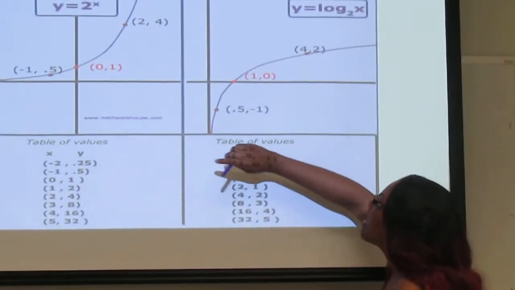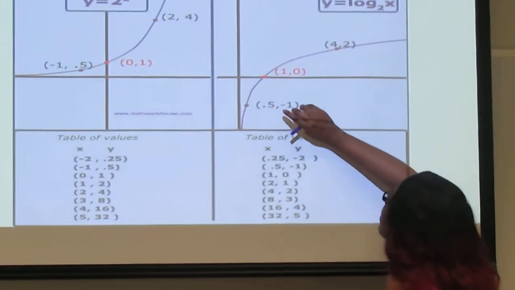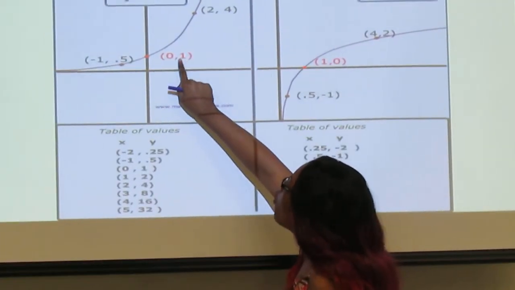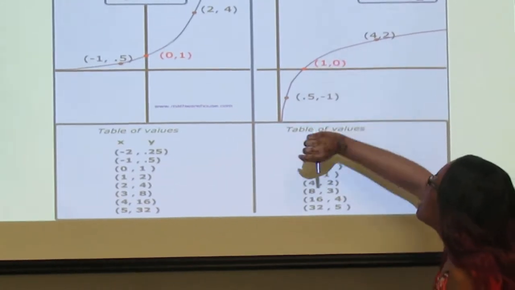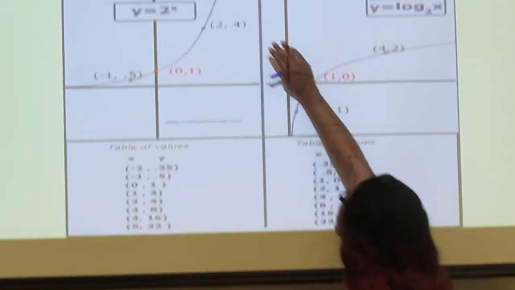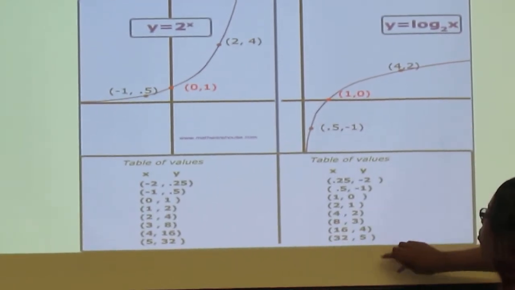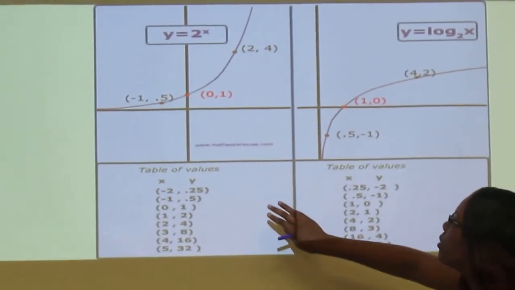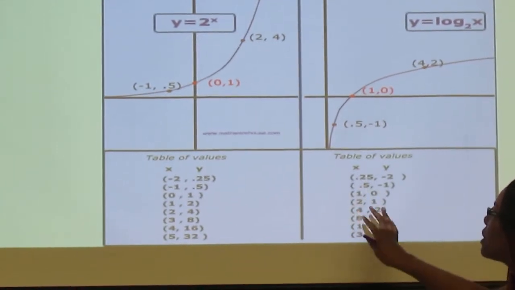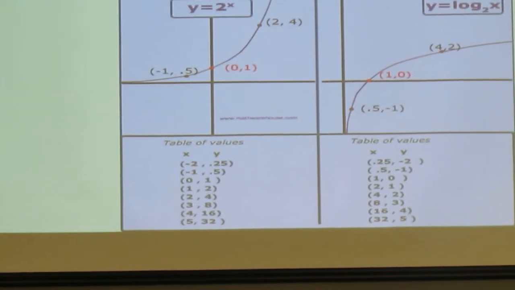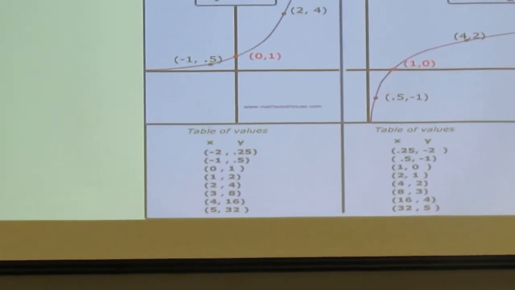If you look here, the coordinates are the same except that they're opposite, they're backwards. Instead of 0, 1, you will have 1, 0. Instead of 2, 4, you will have 4, 2. And if you look at the table down below, you will see that the values for x and y basically just switch. So that's how you would graph logarithmic functions.